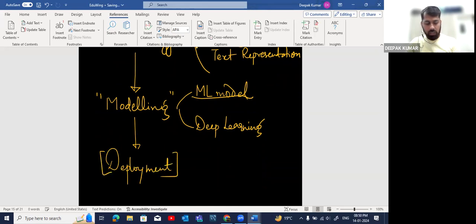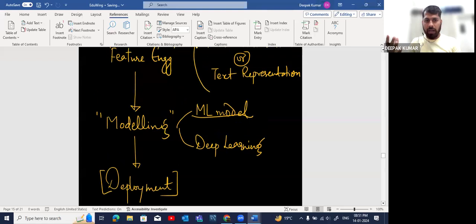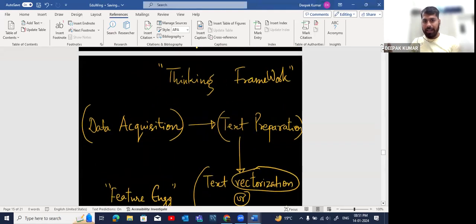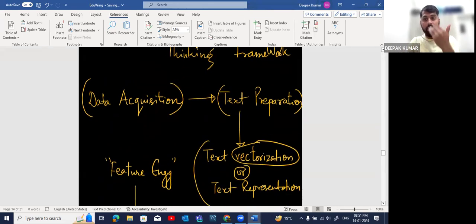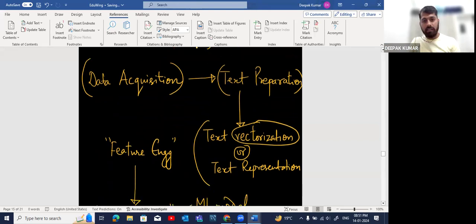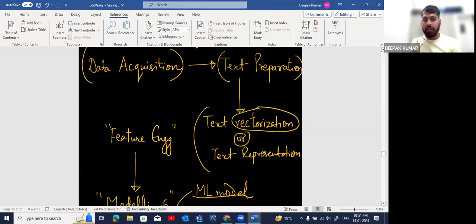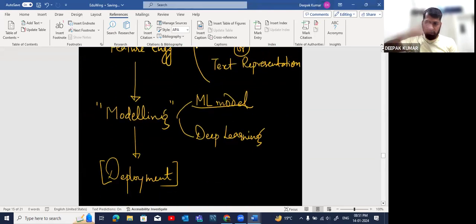So can you see what is being done? We have seen the 6-phase CRISP-DM method. Hadn't we applied it? Acquiring the data means understanding the data. Then text preparation means data preparation. Then feature engineering, removing features, adding a few new features, or deciding what features are to be avoided. Then the modeling, and finally the deployment. Can you see the flow is being kept the same? Any doubt in this?